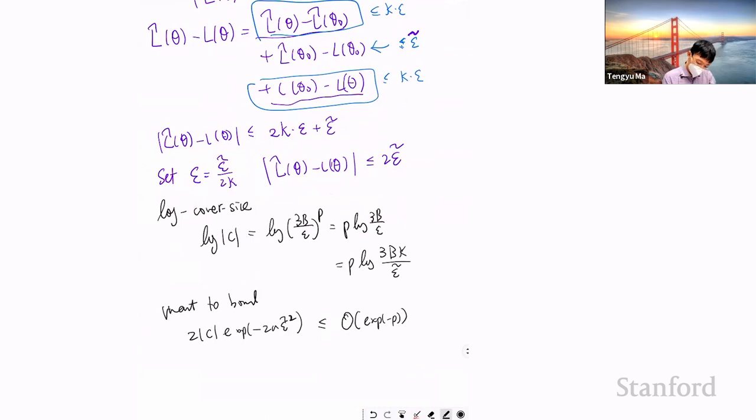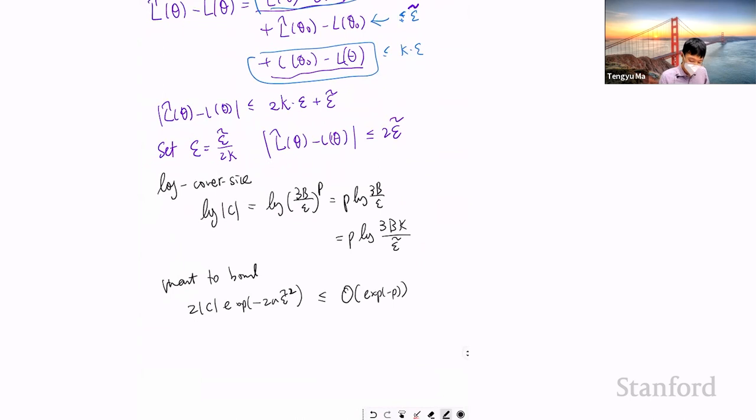So how do we show this? Of course, it depends on what epsilon tilde is. You need to choose the right epsilon tilde such that this is true, and then that's your final bound.